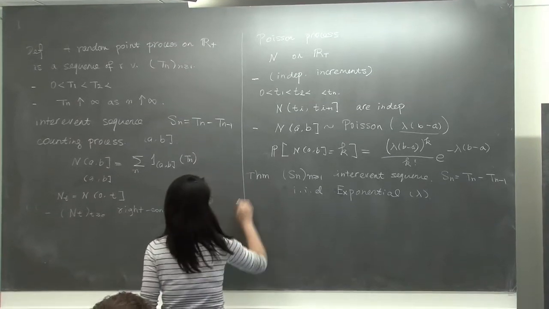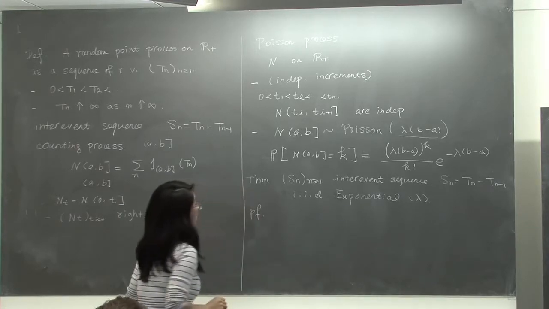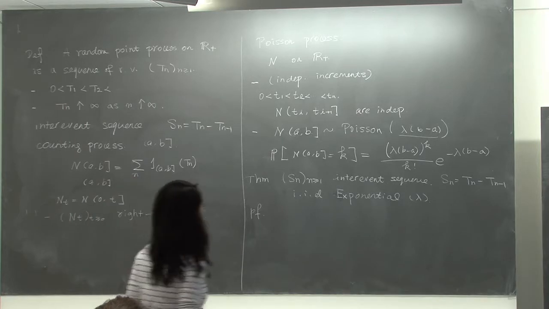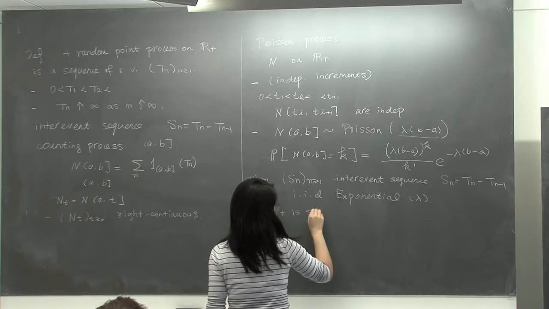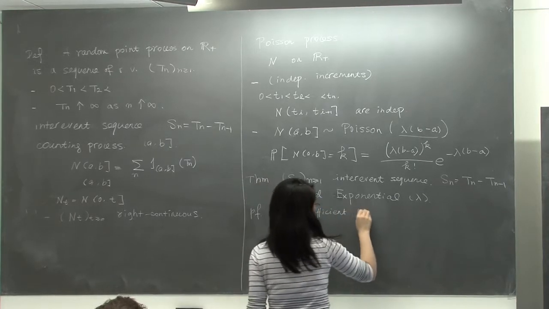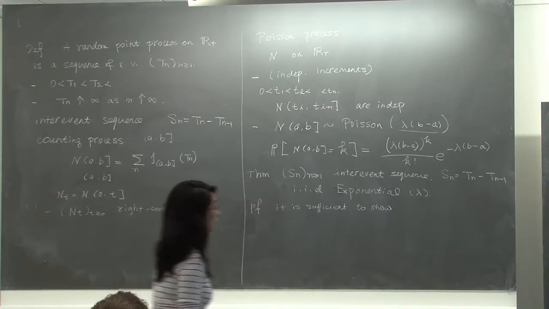So why is this true? In order to show that the sequence Sn is an IID exponential law, we only need to check what's the density function of this sequence.